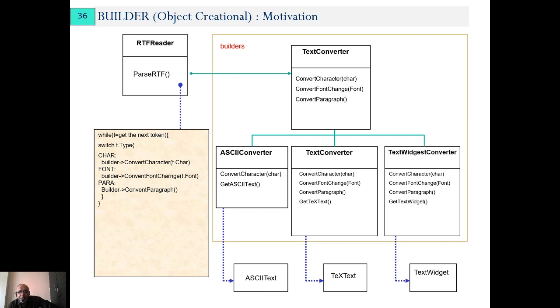Some of the things from the abstract class, the text converter, are applicable to all three: convert character, convert font change, and convert paragraph. And specific operations have been added: get ASCII text, get text, and get text widget. These are the specific things which are applied.